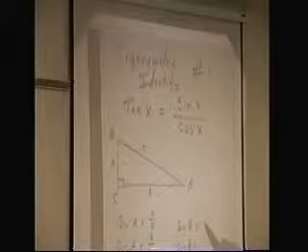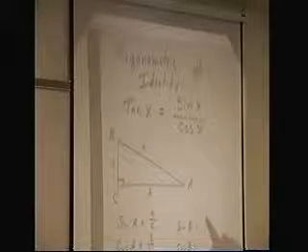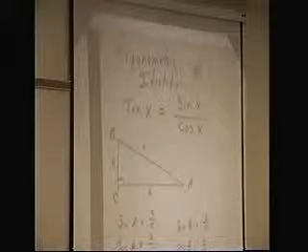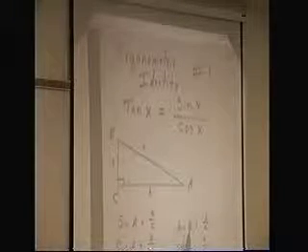Sine B? B over C. Cosine of B? A over C. I want you to notice something really important. It's going to be one of your big trig identities today. Does everybody see that the cosine of A is equal to the sine of B?